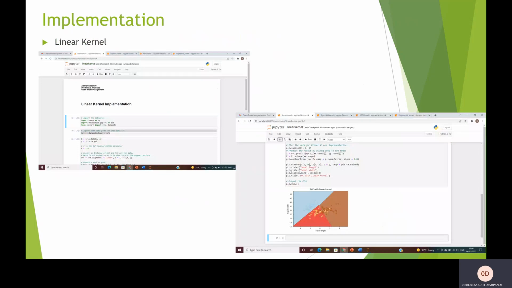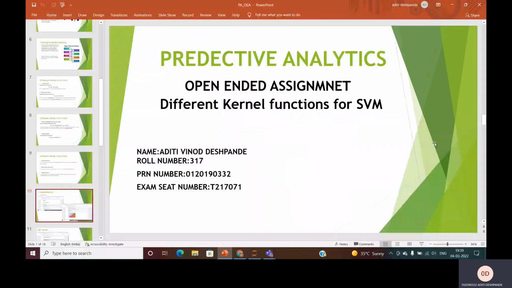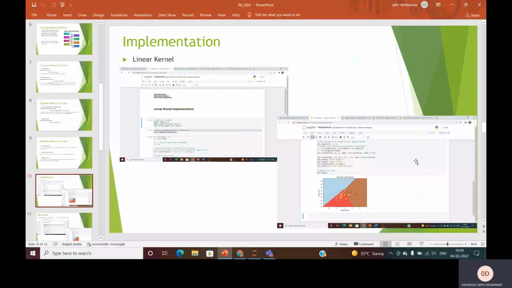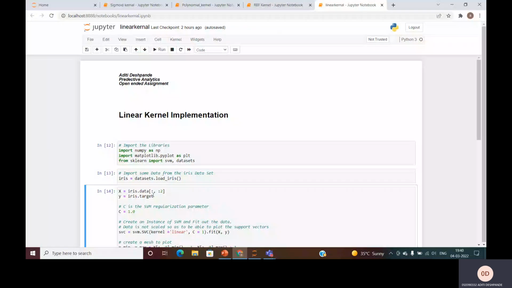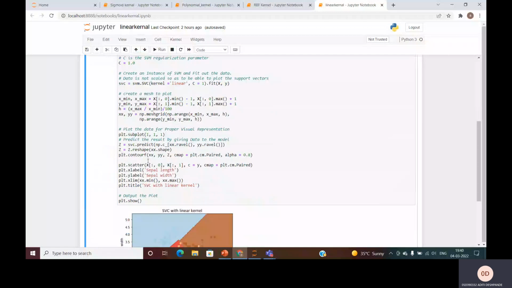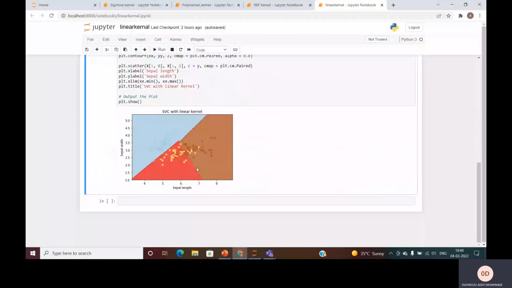I have implemented this by using the iris dataset, importing these libraries, then importing the data from the iris dataset, and here the SVM kernel is equal to linear kernel, and plotting the graph. As you can see, by just a straight line, they have separated the data points for sepal width and sepal length.